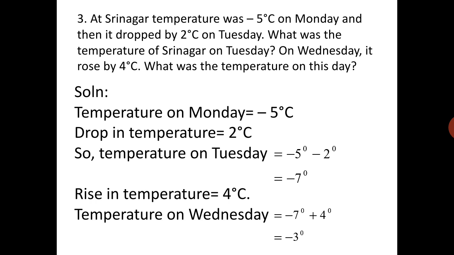Minus 7 plus 4. One negative, one positive, so we have to subtract. 7 minus 4 gives you 3. Sign of the greater, so sign of the 7 is minus: minus 3. So the temperature on Wednesday was minus 3 degrees Celsius.